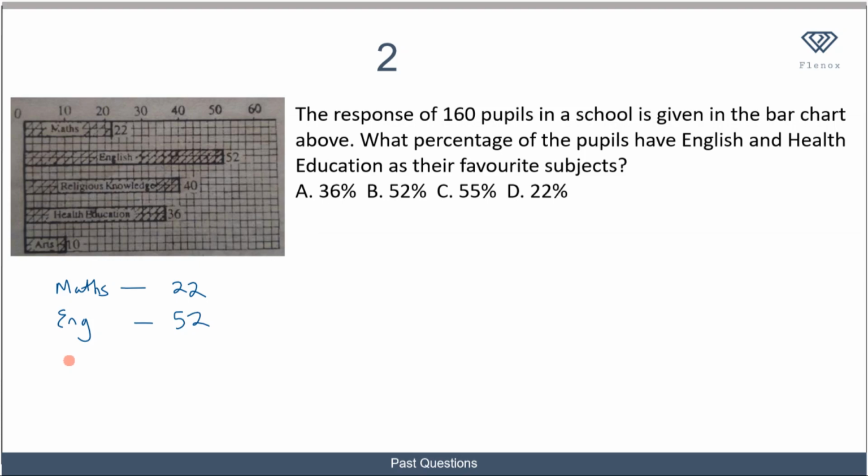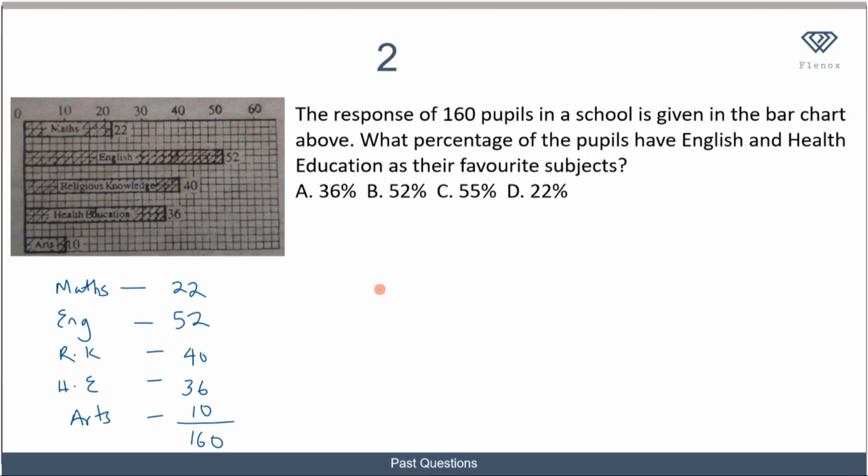For religious knowledge, you have 40 students that love religious knowledge. For health education, you have 36 students that love health education. And for arts, you have 10 students that love arts. So the total number of students, if we sum all these together, is 160.